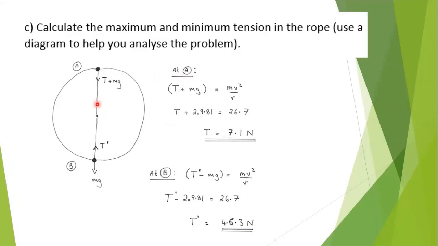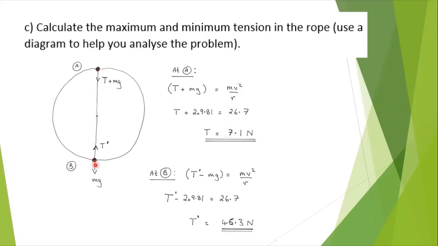It's not some other separate force. The centripetal force is not an imaginary force. It is the tension plus the weight, which acts vertically downwards. So T plus mg equals mv squared over r. So now we can put in some numbers, the mass, 2 kilograms, g, and we've already established that mv squared over r is 26.7 newtons. And that gives us about 7.1 newtons for the tension in the string at this point.